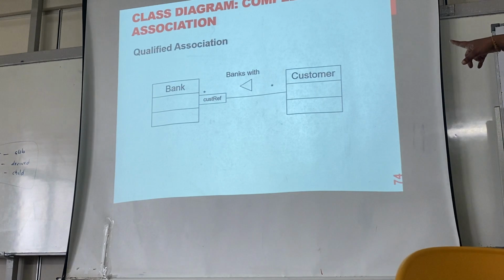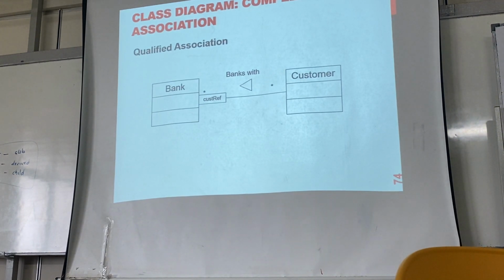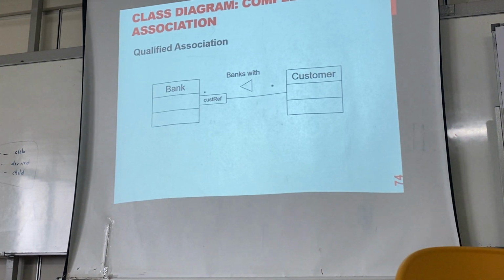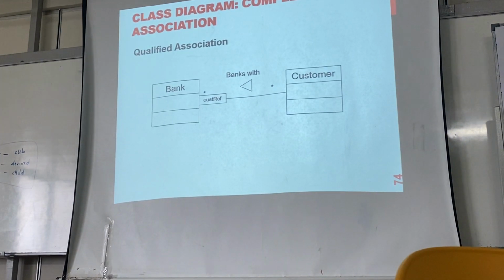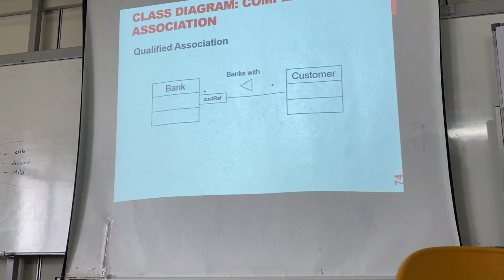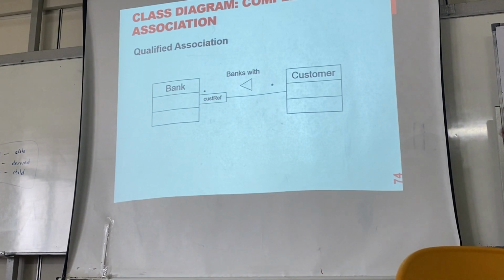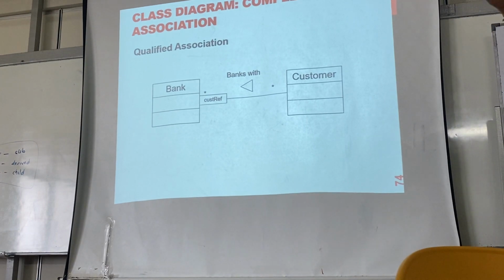What is customer reference now? This is many to many, right? A bank has many customers. One customer also can be a customer at many banks. So customer reference is a unique attribute added to the bank, which makes this association qualified.